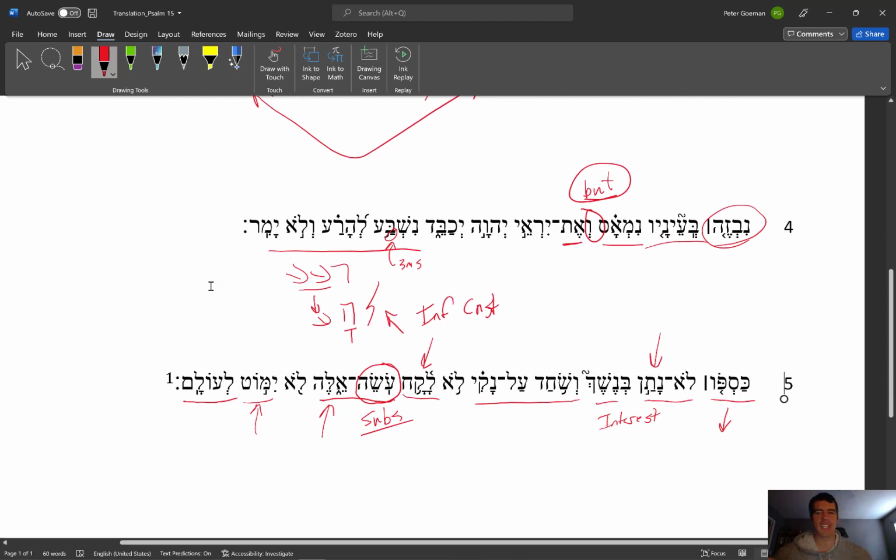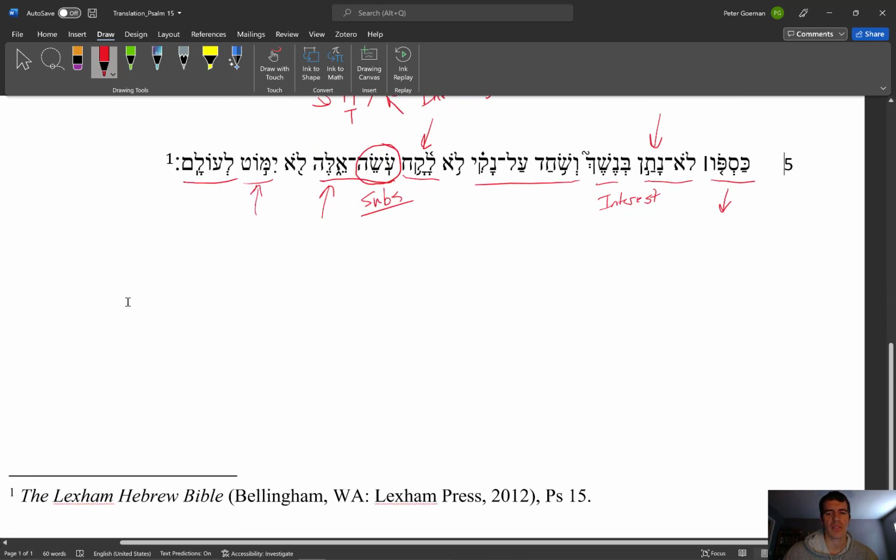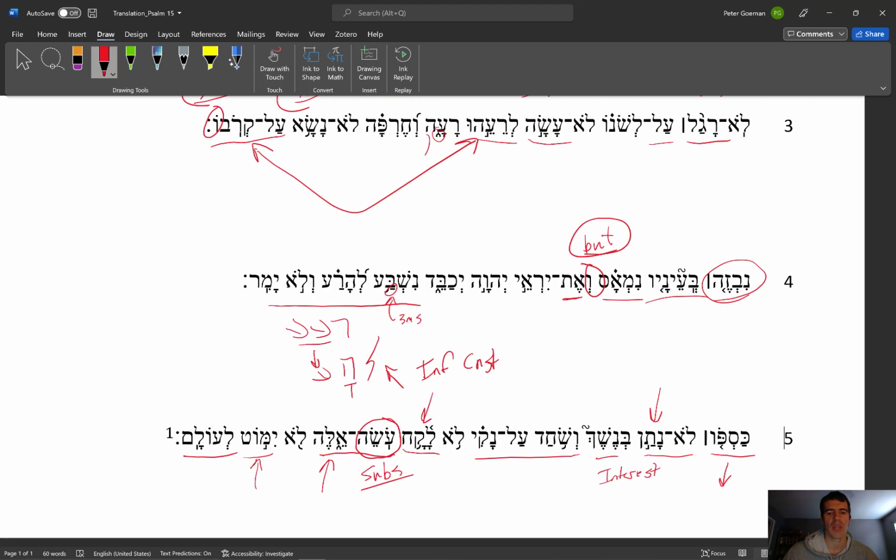Just meditating on all these precepts, and little by little, your grammatical awareness will grow, and you'll be able to glean more insights and observe things that you haven't observed before. And that's what it's all about. So hopefully that's helpful as we walk through Psalm 15. And Lord willing, we will be able to do some more parsing and hit Psalm 24 in class this next week. All right, we will see you then, Lord willing.